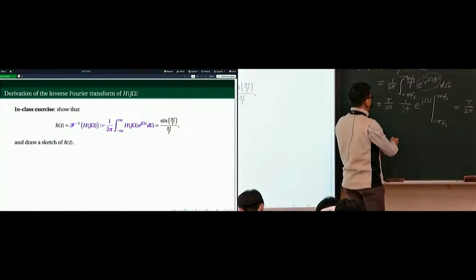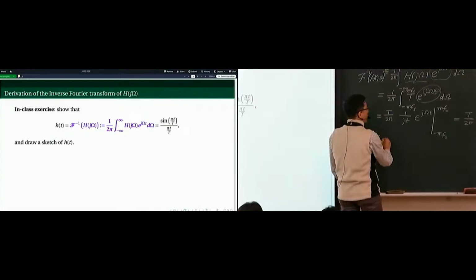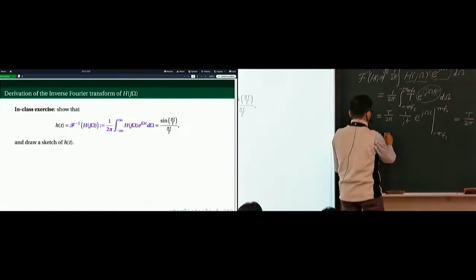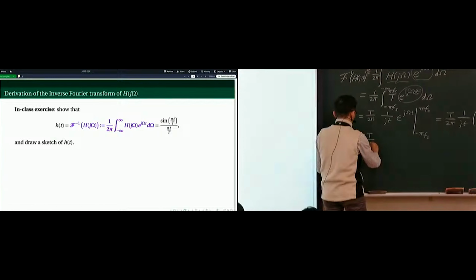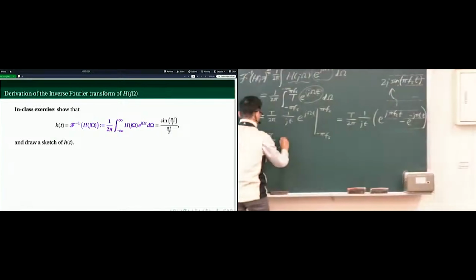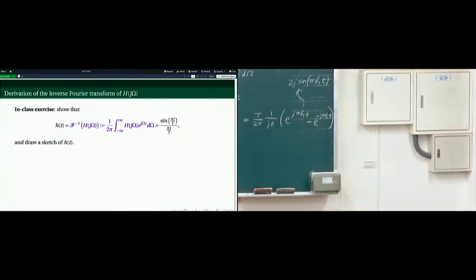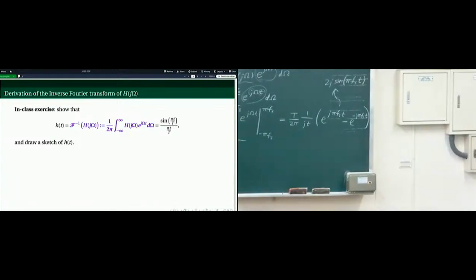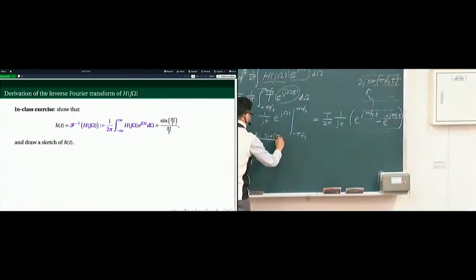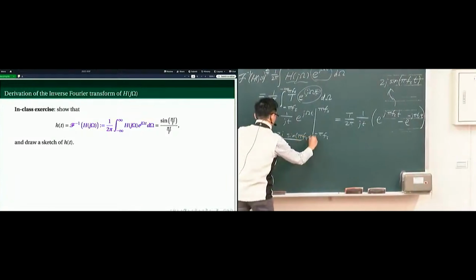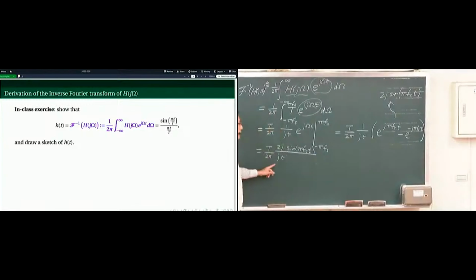So now what's going on? We have T over 2 pi still here, jt is still there, but on top now we have 2j sine of pi times sampling frequency times t, which is a function of t. The inverse Fourier transform is a function of small t.